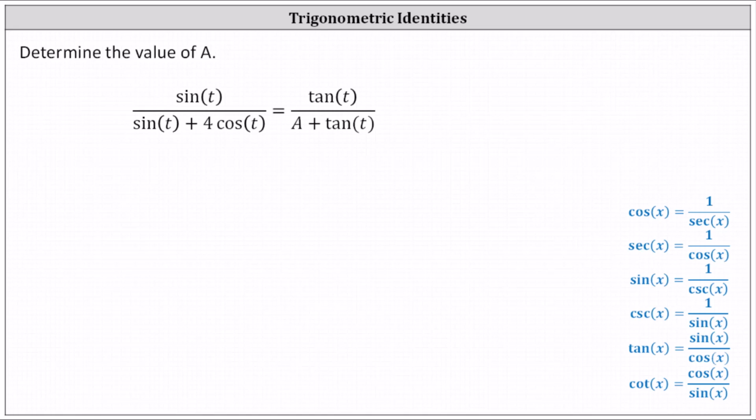is equal to sine t, let's multiply the numerator and denominator of the fraction on the left by 1 divided by cosine t. So again, beginning with the expression on the left, we will now multiply the numerator and denominator by 1 divided by cosine t.